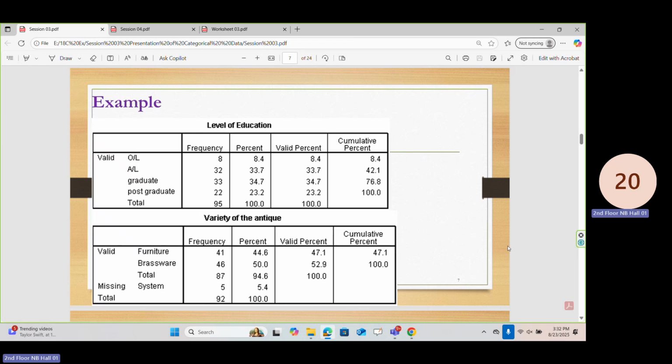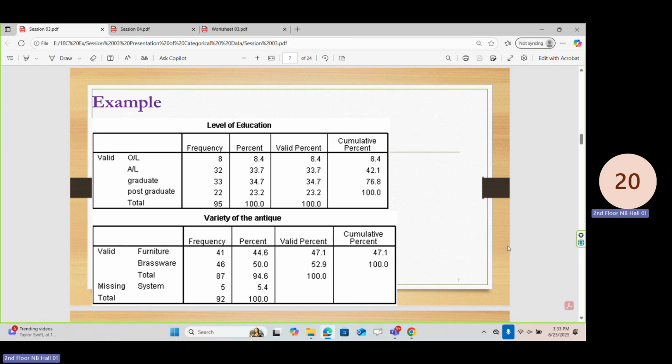Here is how we find it. The first one is 8.4, then 8.4 plus 33.7 gives 42.1, the total value. Then 42.1 plus 34.7 gives 76.8. That is the way we can find the cumulative.